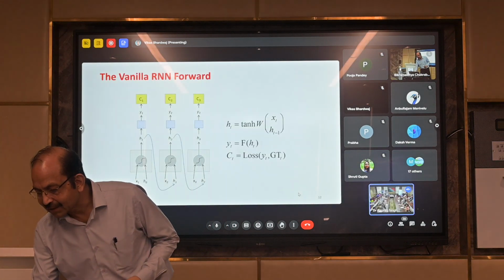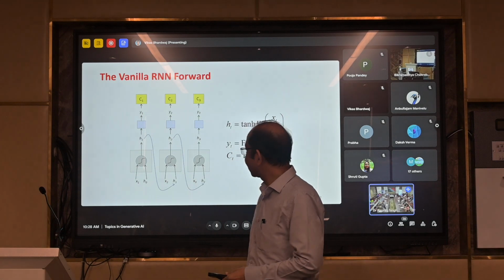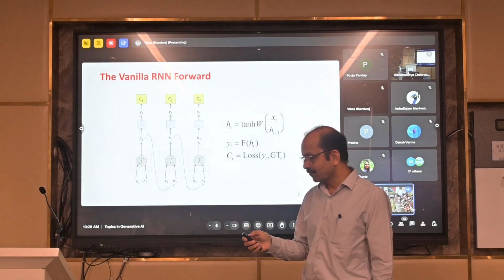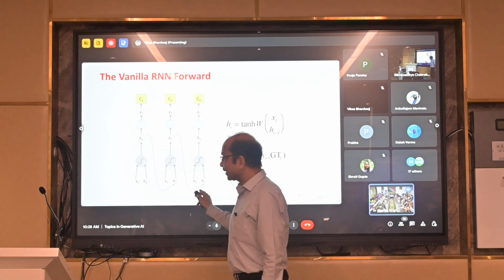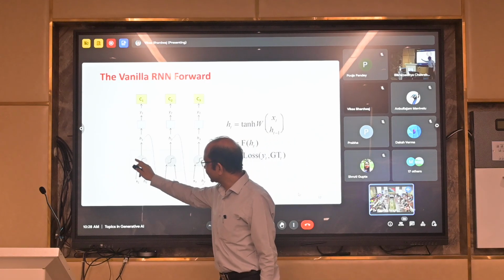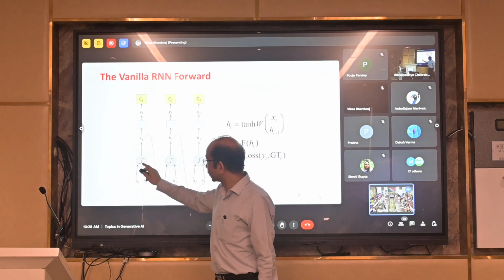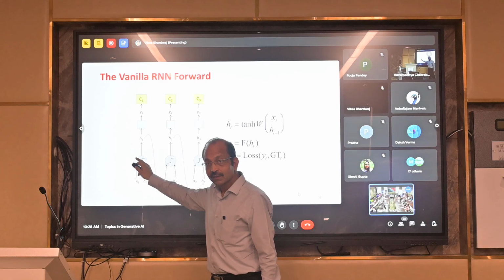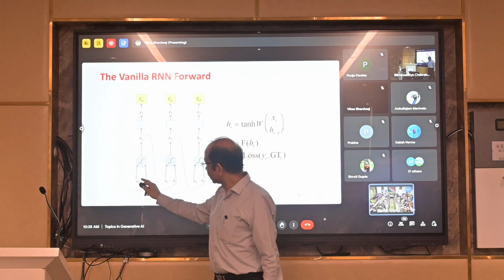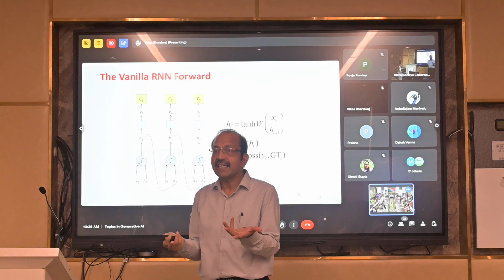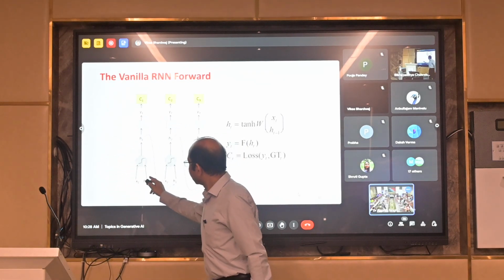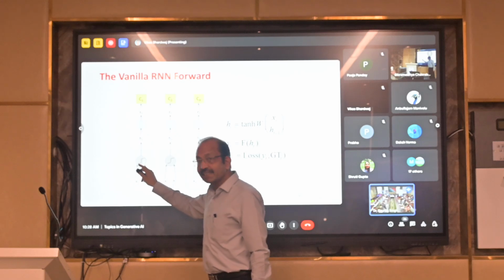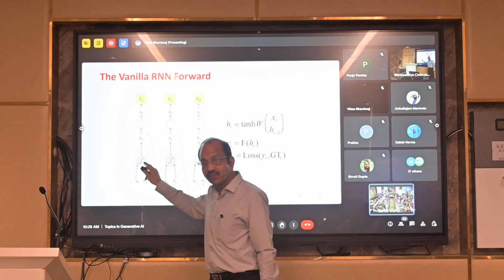So you think like this. At present I am showing only the case where the length of the input is 3: x1, x2, x3. This is my W. W will describe this weight. Initially I consider h naught to be, let's say, 1. Taking this input, can you compute the net input going to this activation function?